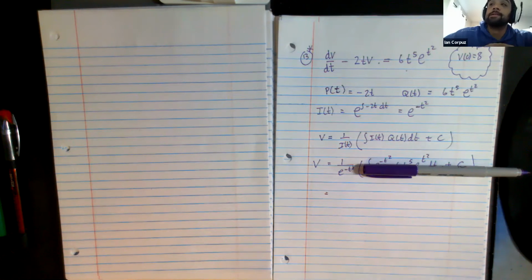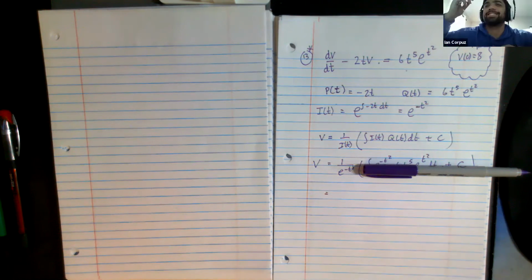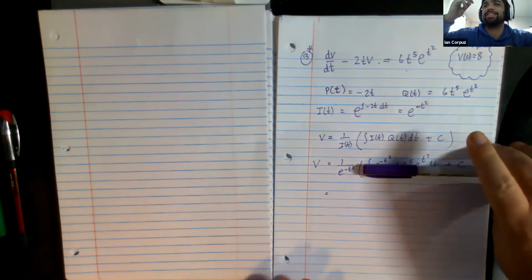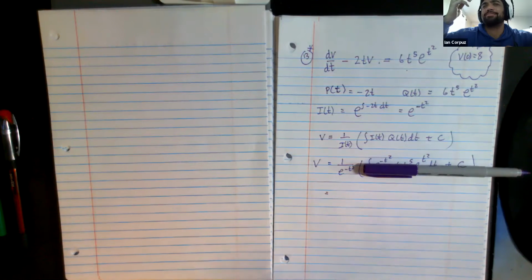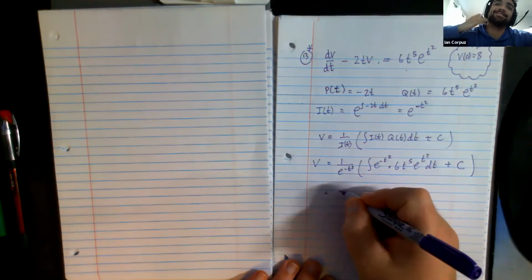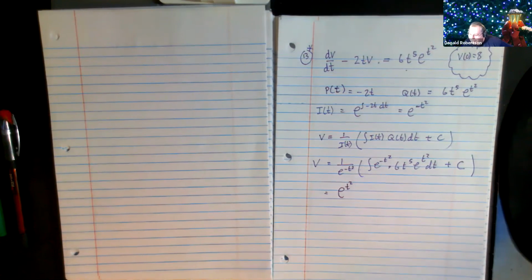1 over? What do you mean by 1 over? What would I rewrite? Oh, I guess, yeah, you could do 1 over e to the negative t squared. Isn't 1 over a negative power the same thing as the positive power on the top?